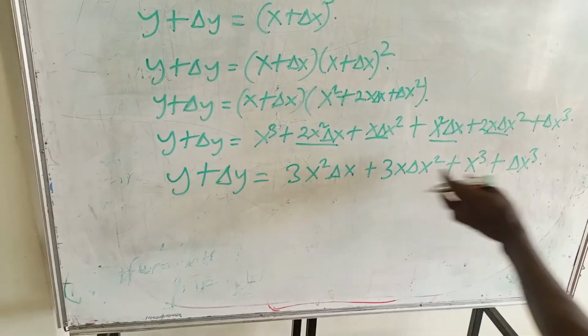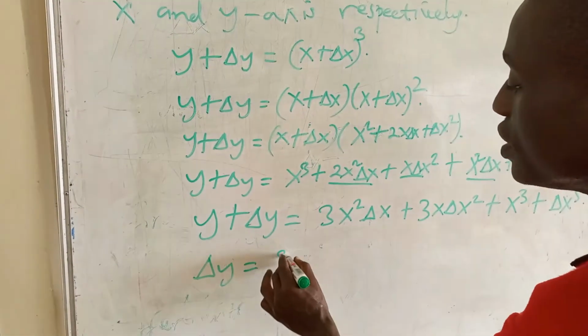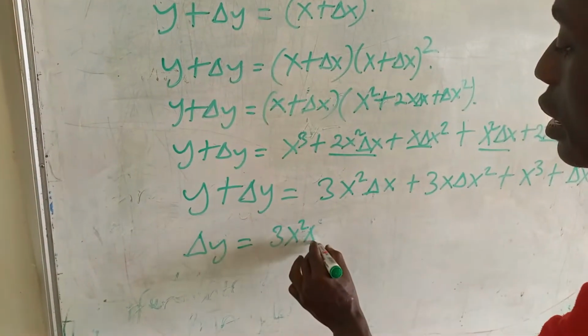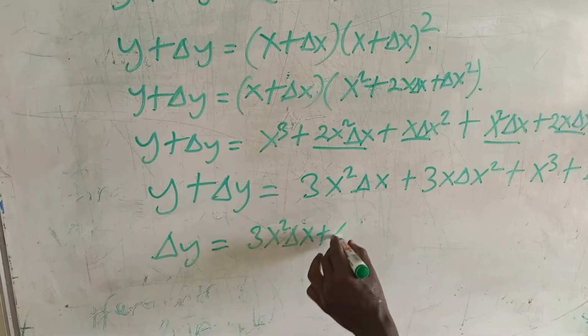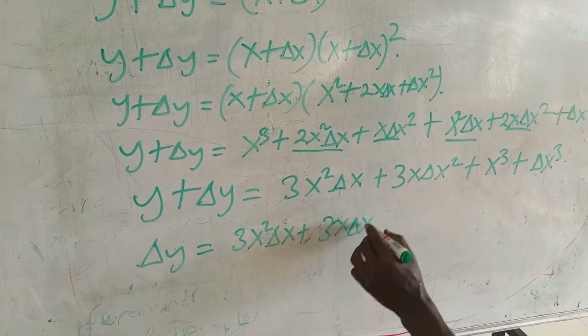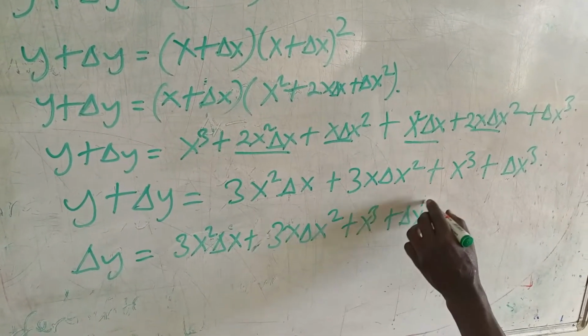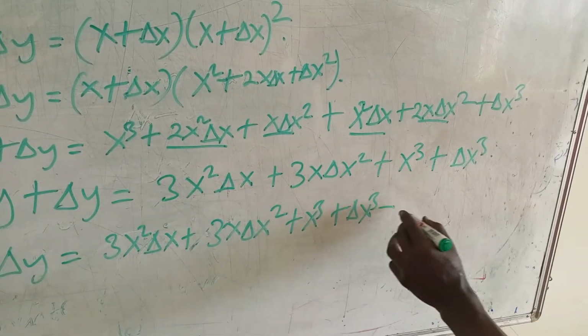So you can bring y this side, then it becomes change in y is equal to 3x squared change in x plus 3x change in x squared plus x cubed plus change in x cubed minus y. I brought y this side.